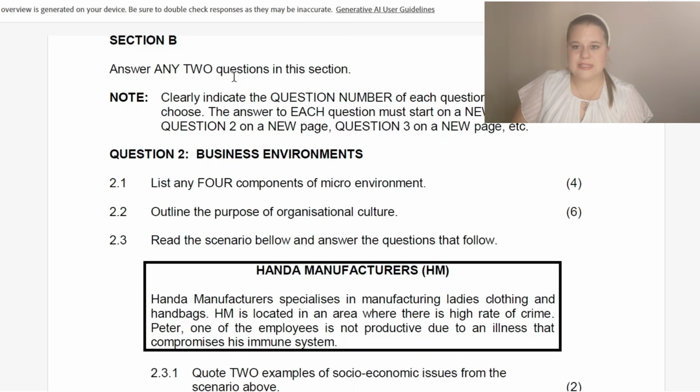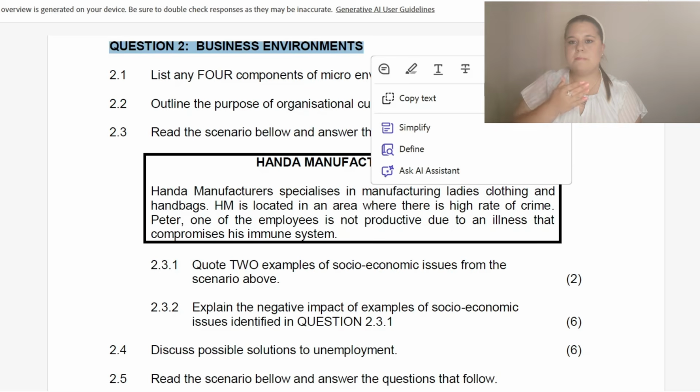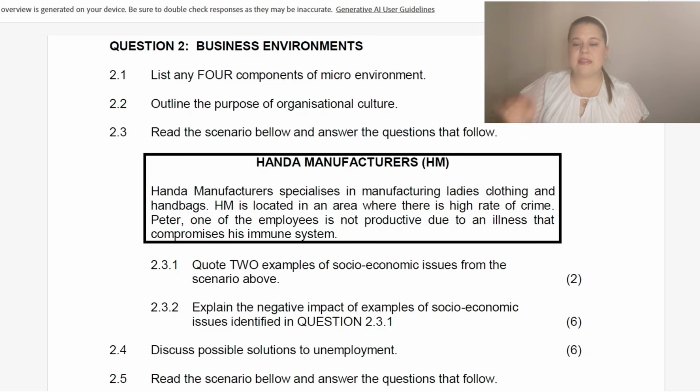Section B, once again, we are reminding you, answer any 2 questions in this section. Clearly indicate your question numbers. So, here do you see question 2, what does it say? Business environments, meaning these 40 marks are going to be business environments only.